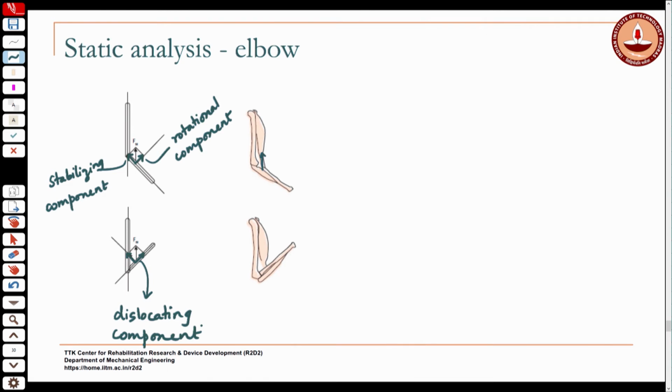The joint is trying to come apart when this angle is lower. It is also called the dislocating or sliding component.